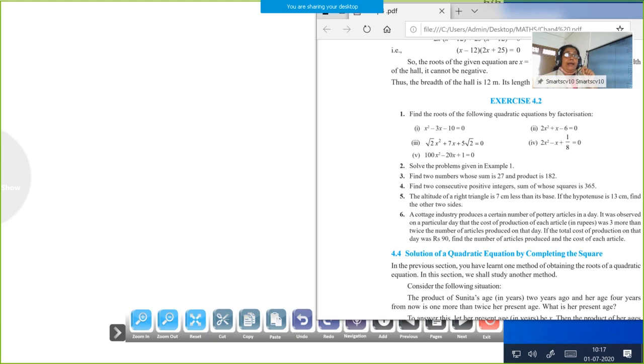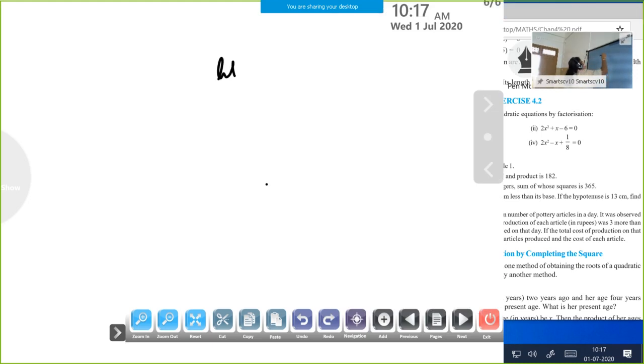So let the base be x. Then the altitude is x minus 7. Then using the Pythagoras theorem, we can find the value of x and the other two sides. Clear?